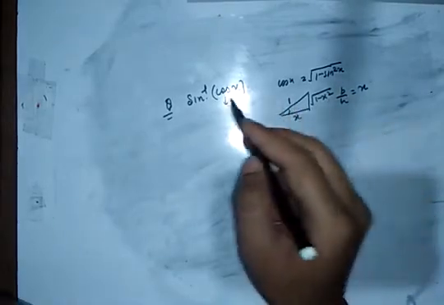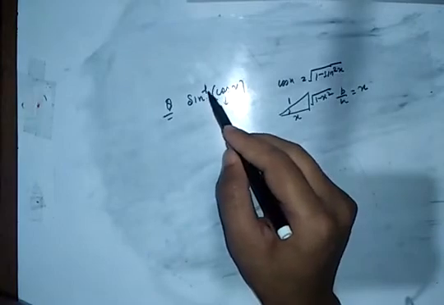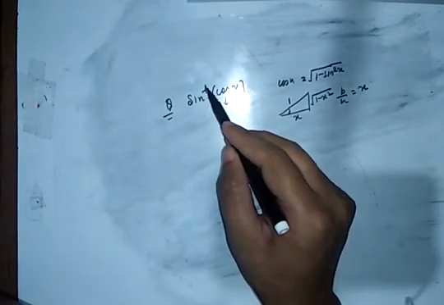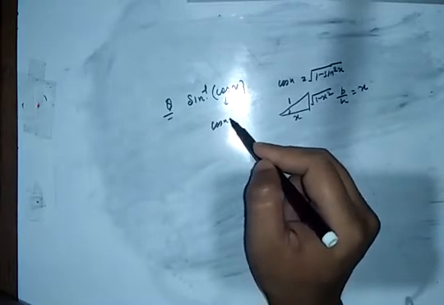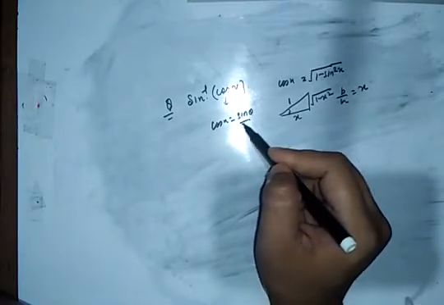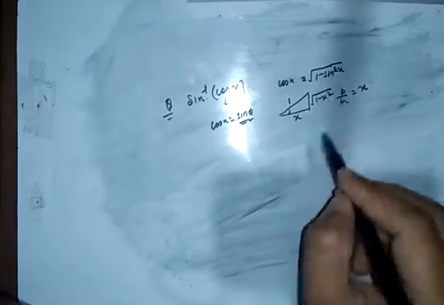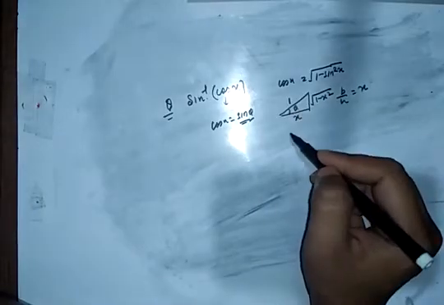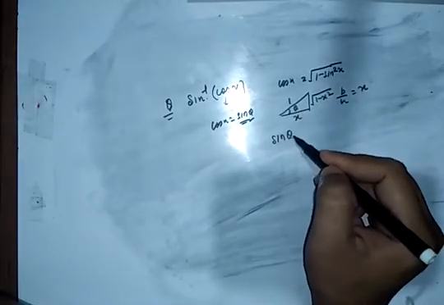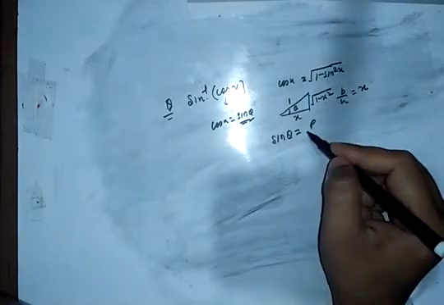Because this is the sine inverse, to remove the sine inverse we can substitute cos x is equal to sine theta, so that the inverse can be removed and we will get the theta value. So for our simplicity we can say sine theta is nothing but p by h.